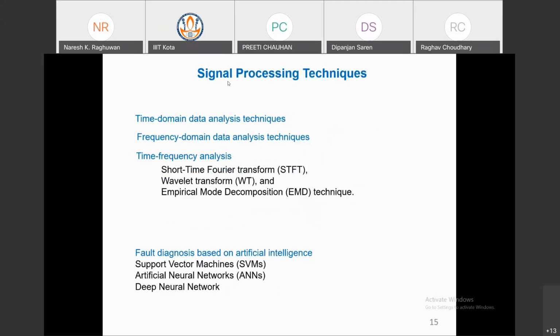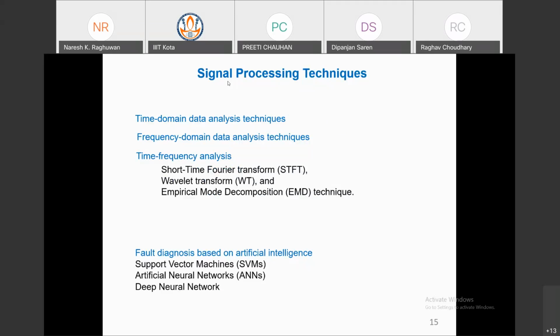Okay, so some bits about the signal processing techniques. I have already explained that time domain analysis is the most suitable technique.